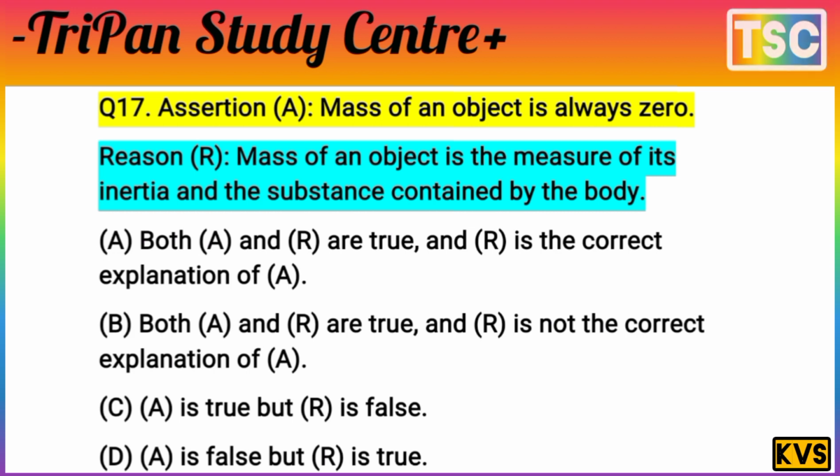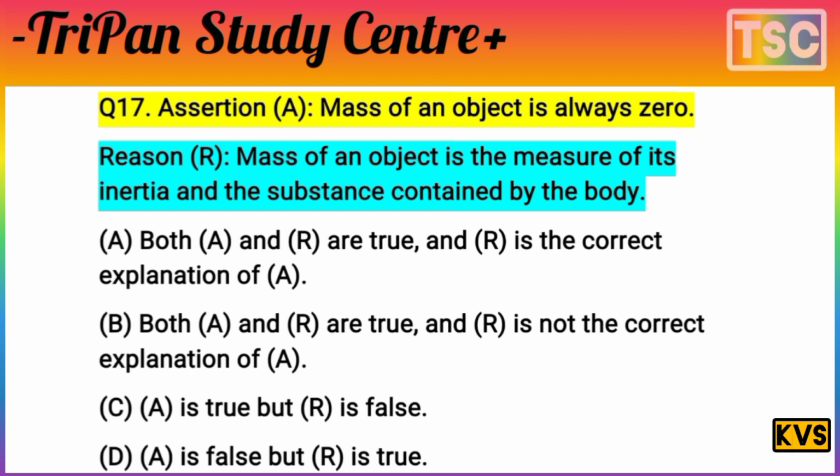Let's see the next question on your screen. The question here is reasoning and assertion. Assertion: the mass of an object is always zero. Reason: mass of an object is the measure of its inertia and the substance contained by the body.